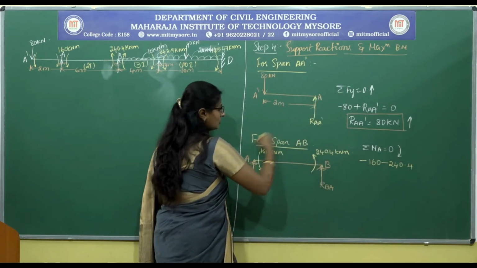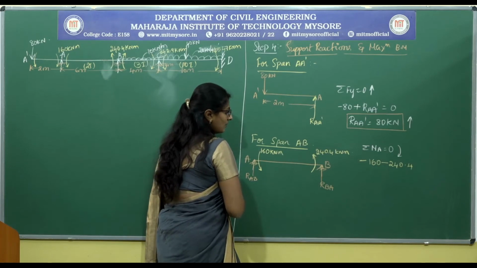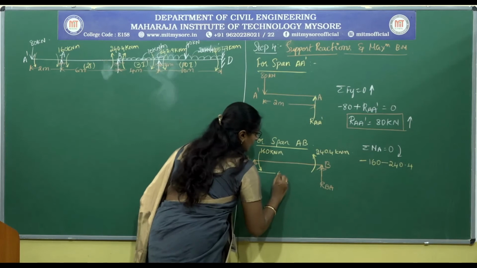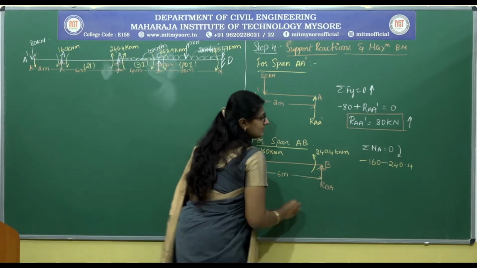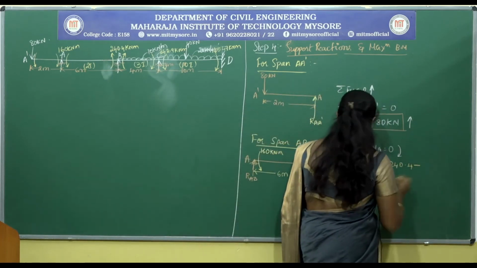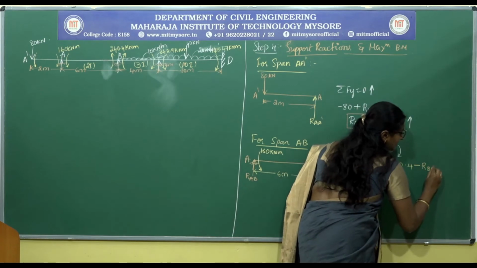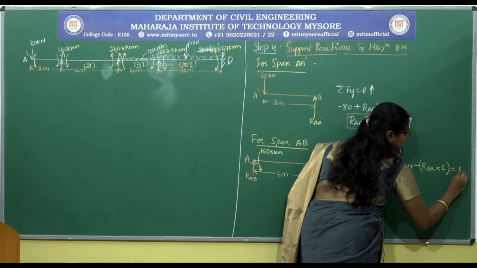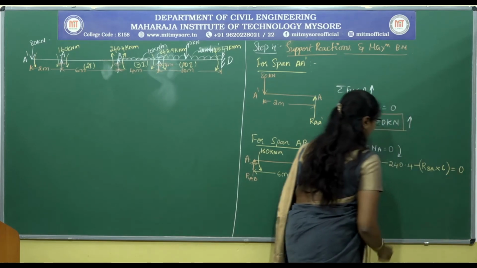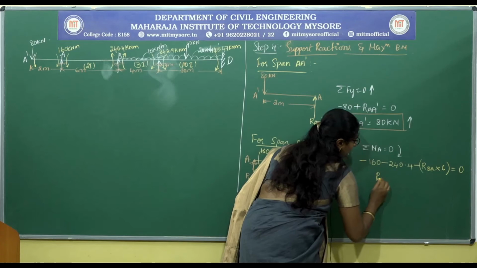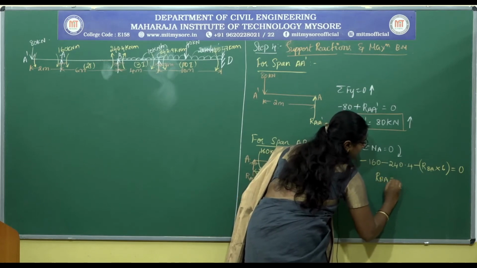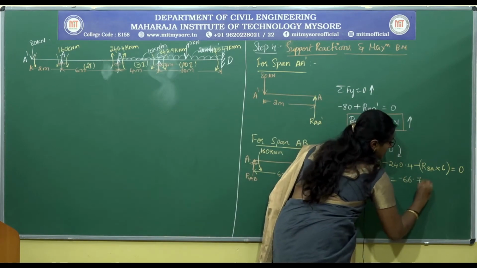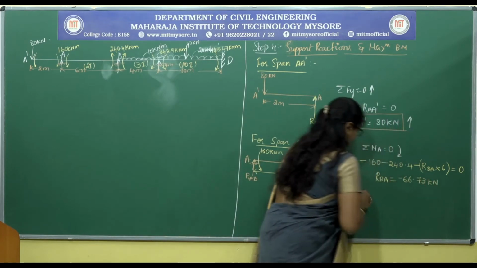This reaction at B, that is RBA, is acting at a distance of 6 meters. It is minus RBA, since it is acting in the anti-clockwise direction, into 6 is equal to 0. From this we get the reaction at B as minus 66.73 kilonewton.